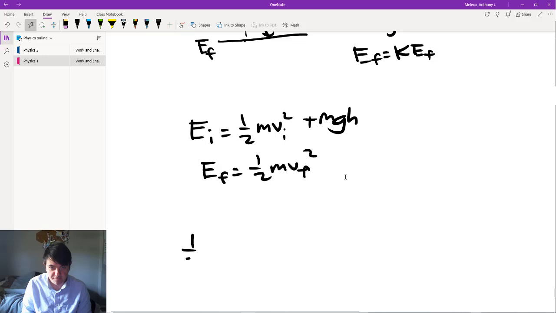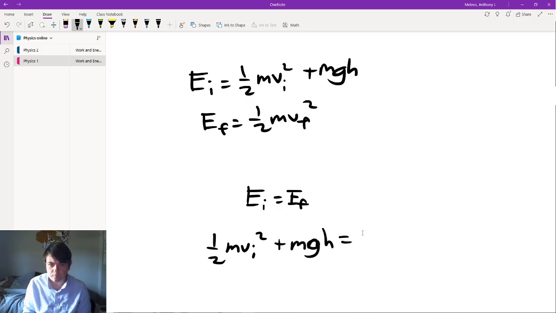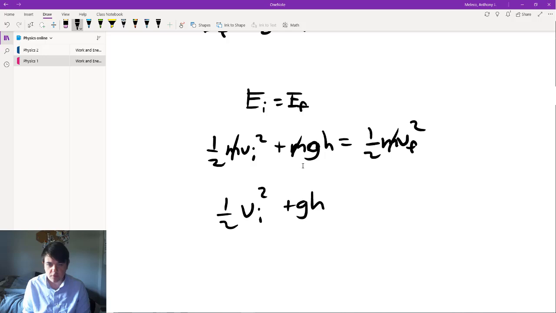So let's do where I say E initial equals E final. Now what I'm going to do here is I don't really like these 1/2, so when we multiply by 2, we'll get rid of them. Okay, that works. So we're just going to cross off the m's, because they're all the same mass in the problem.